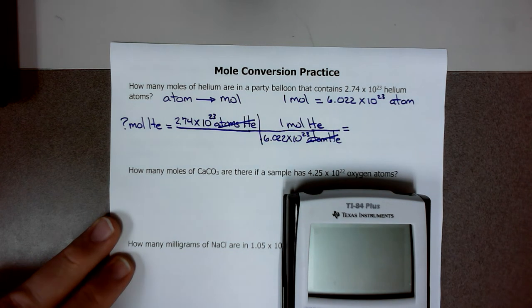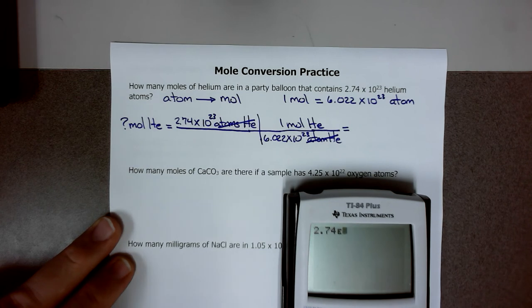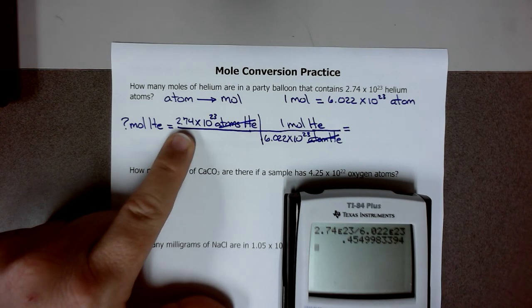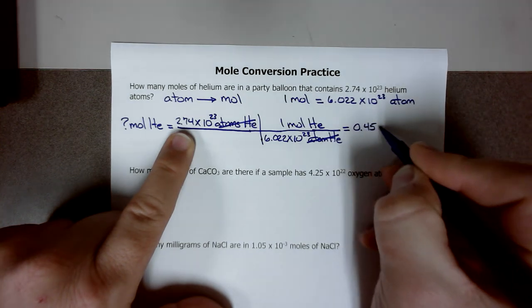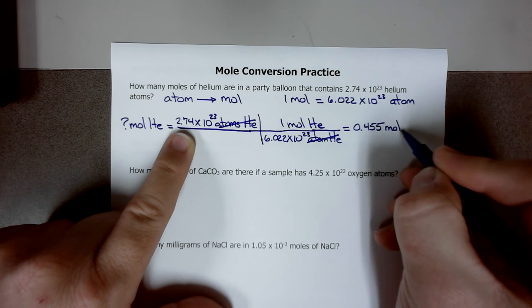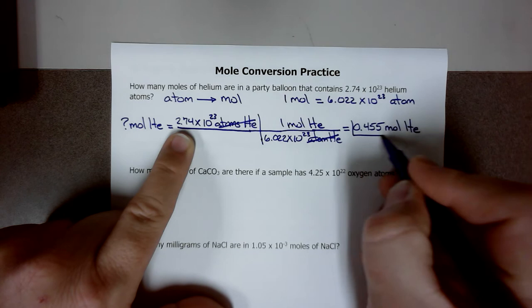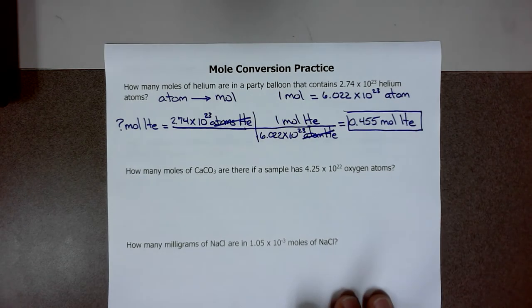So that's going to be 2.74 EE 23 divided by 6.022 EE 23, enter. And I know I want 3 significant figures, so I'll put 0.455 moles of helium. So that's a mole to particle conversion, or particle to mole conversion.